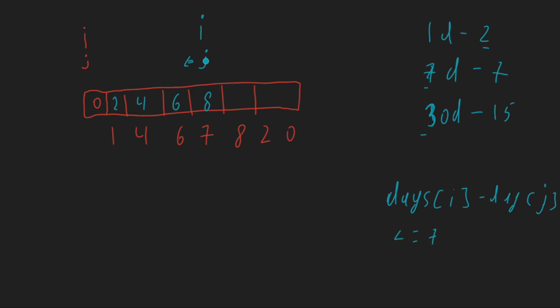So for example, we can move our j until the beginning of the array. It means that this portion of the array we can replace with the cost of the 7 days. We can replace that with the cost 1, actually, in our case.